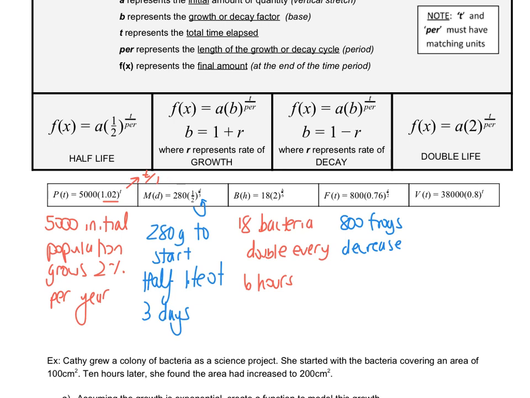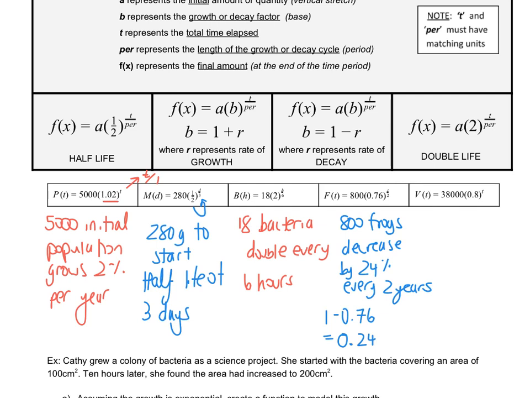Now to actually find your rate here, because you might not automatically see what you're decreasing by, you can do 1 minus 0.76, which is going to give you 0.24. So that means 24%. So 800 frogs decrease by 24% every 2 years.